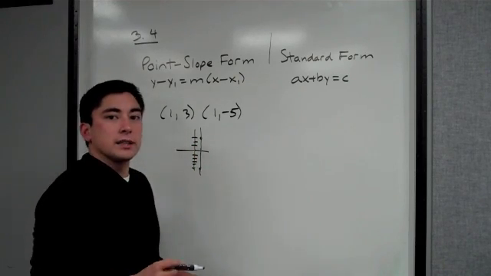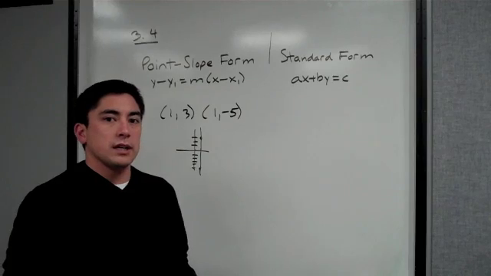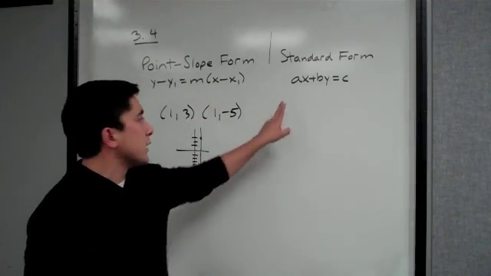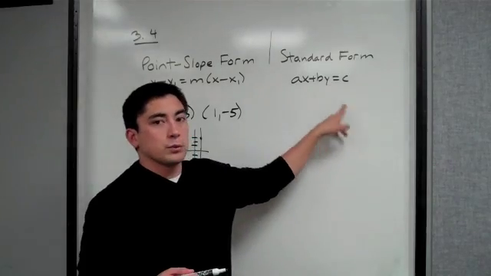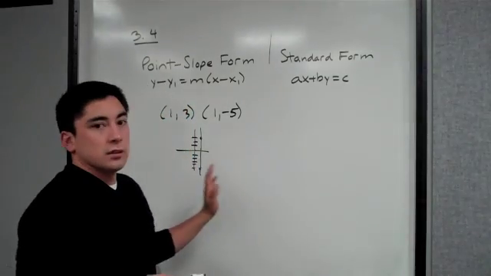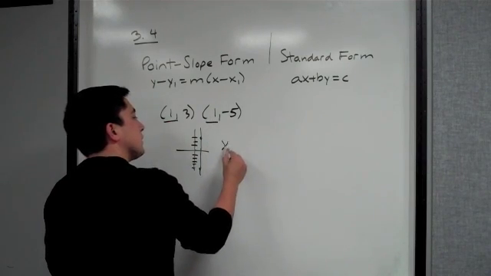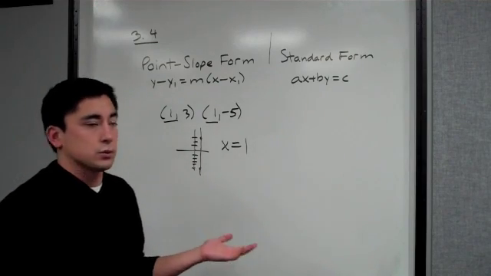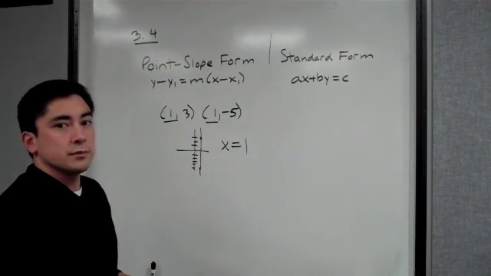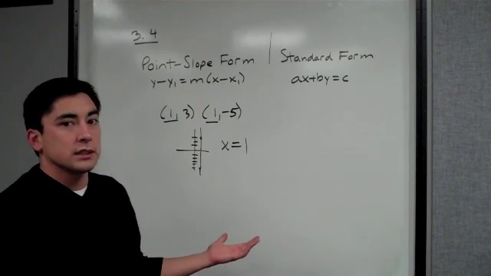That'd be a vertical line. Whenever you have a vertical line, the equation in standard form, I know it says ax plus by equals c, but in this case, the y is going to change every time. So what we do, we have the same x value. The shortcut is your answer is just x equals 1. X equals that value. So there's actually no work to be done on these.